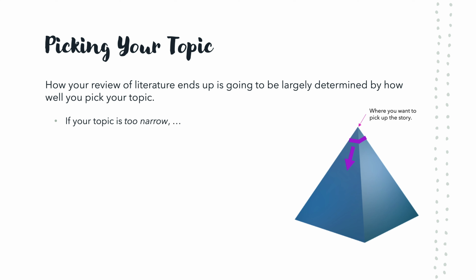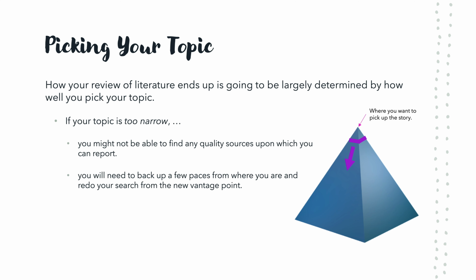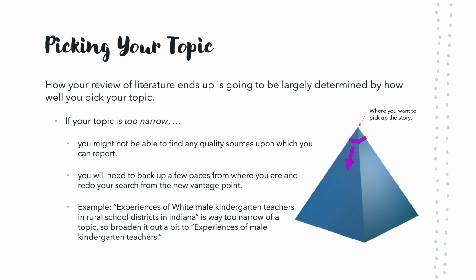You could also run into some problems if you tried to pick a topic that's too narrow. You might not be able to find any quality sources upon which you could report. So if you find that your topic is too narrow, you're going to need to back up a few paces from where you are and redo your search from a new vantage point. For example, if you are trying to write about the experiences of white male kindergarten teachers in rural school districts in Indiana, I would almost guarantee you will not find a peer-reviewed paper on that topic.